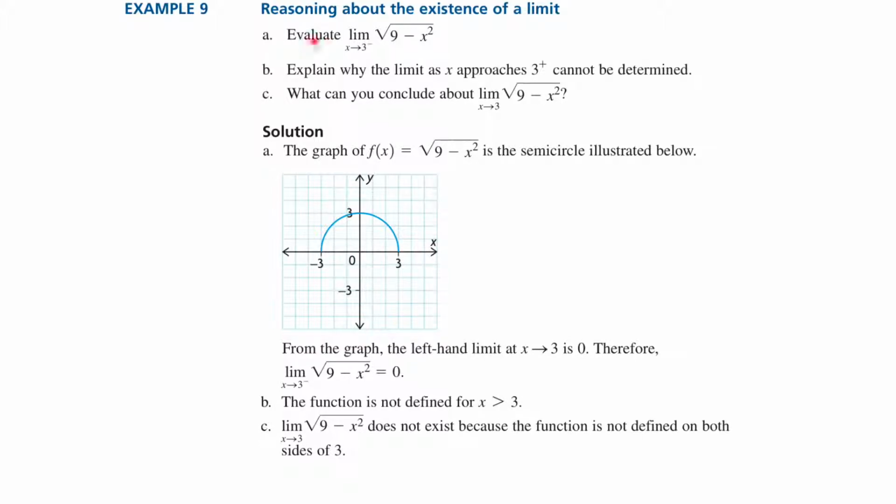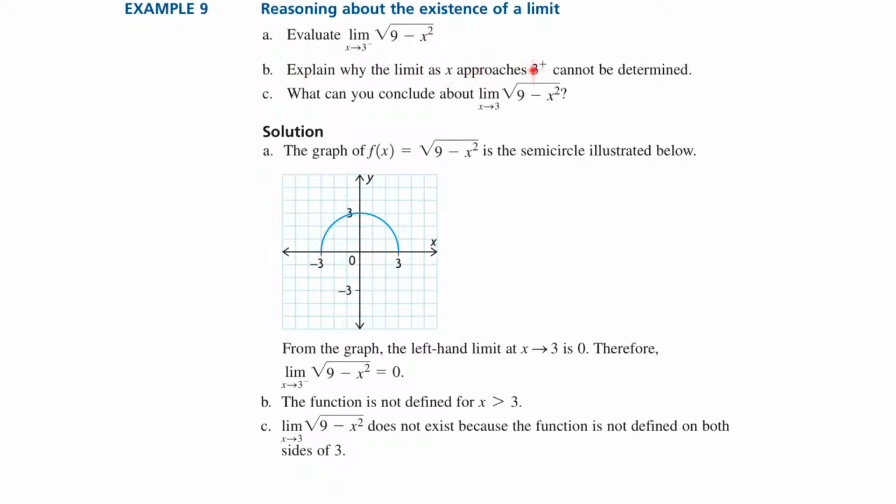Next example, the limit of square root of 9 minus x squared as x approaches 3 from the left side. This limit is 0. Since x is smaller than 3 and close to 3, 9 minus x squared is positive and close to 0.